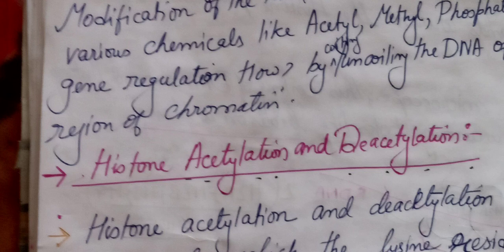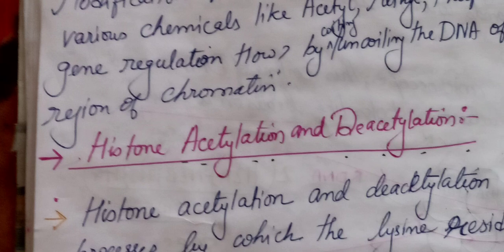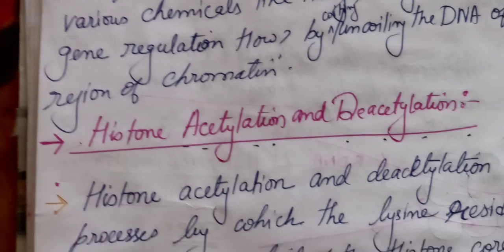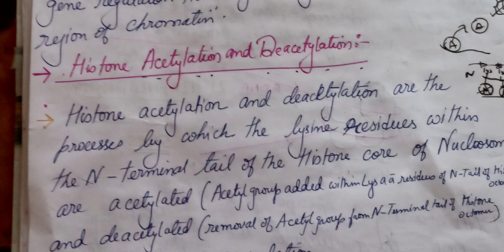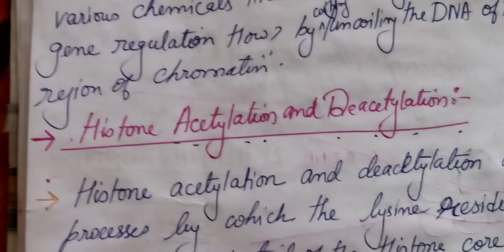So the gene which is responsible for that protein has to be rewound to form a heterochromatin. For that also we use certain functional groups. The first thing is acetylation and deacetylation. So histone acetylation and deacetylation, this is a basic thing.